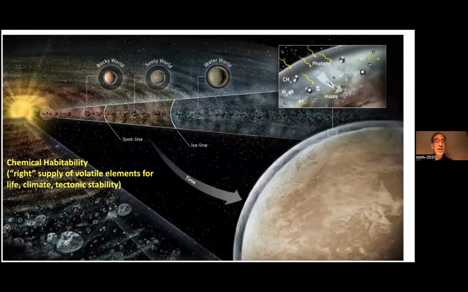But the process by which a planet gets to chemical habitability is not nearly as simple as this diagram. It isn't simply the location relative to the sun: too cold, and too many volatiles far away from the sun, and you end up with an icy world; too close, and you end up with a Mercury world. In between, you're just right. There's also several layers of processing that occur.